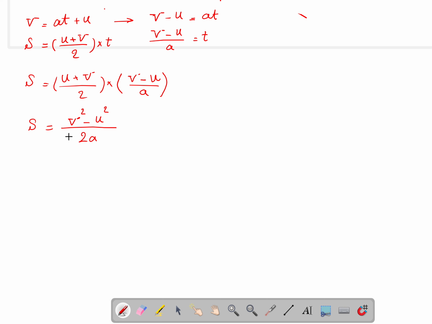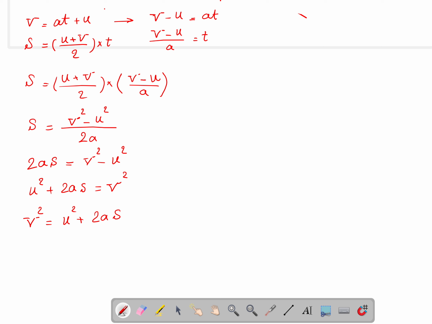So if you multiply 2a by s, you will find 2as equals v power 2 minus u power 2. And if you bring u power 2 to the other side of the equation, you will find this formula: u power 2 plus 2as equals v power 2. The same formula that we have as v power 2 equals u power 2 plus 2as.